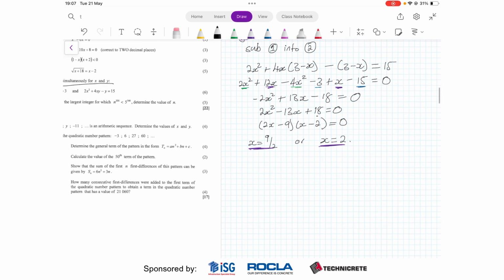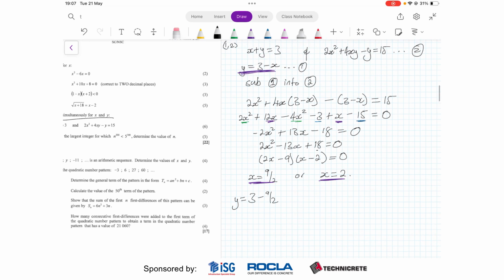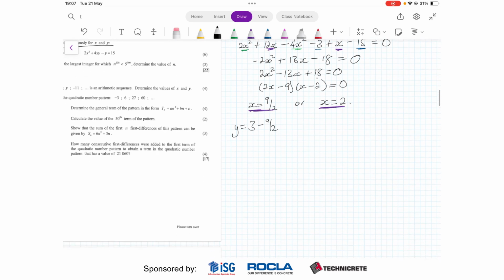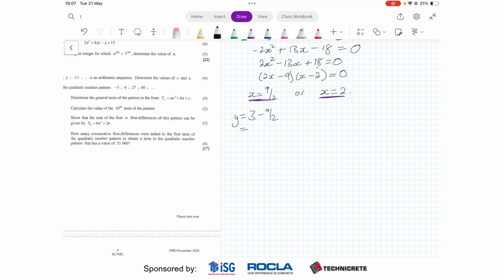So we will find that y is equal to 3 minus 9/2, because we substituted x equals 9/2, which tells us that y is equal to (3 multiplied by 2, that's 6, minus 9, that's 3) all over 2, that's minus 3/2. Or y is equal to 3 minus 2, which is equal to 1.